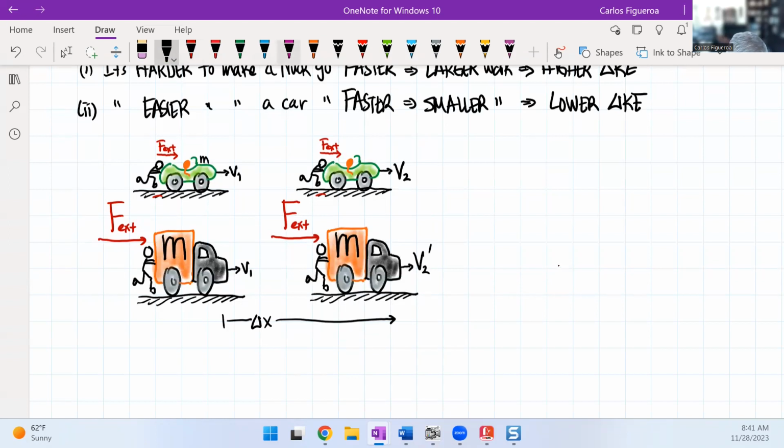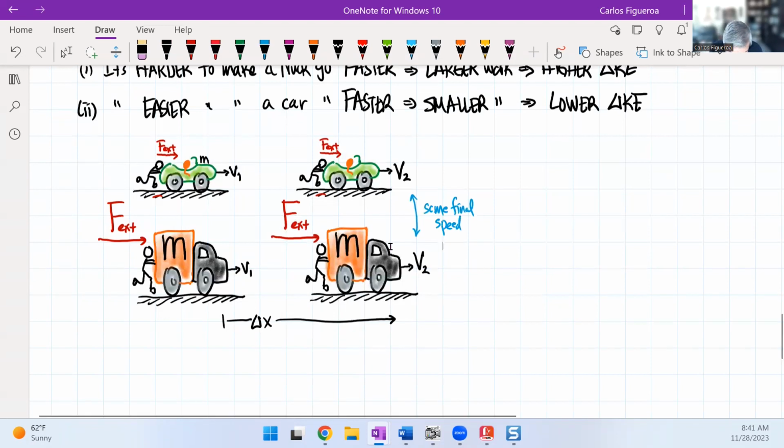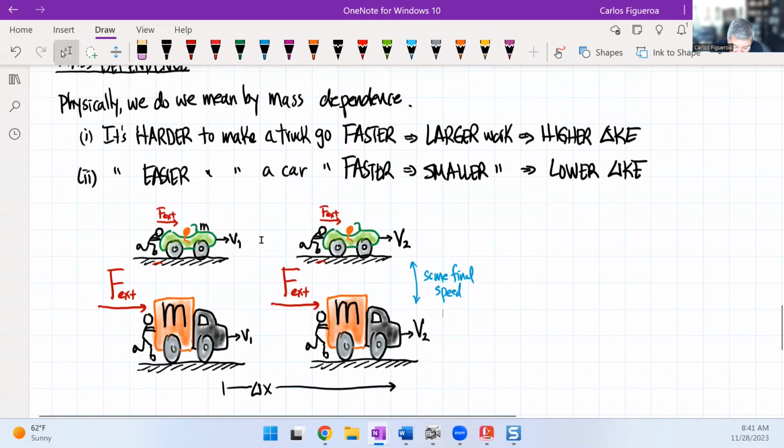Okay, so what I'm saying here is that in this situation, they have the same final speed. In fact, I could take the prime off because they're not. So then I asked the question, why is it easier to make the car go faster? Well, you don't have to do as much work. Why is it harder to make the truck go faster? Because you have to do a lot more work.